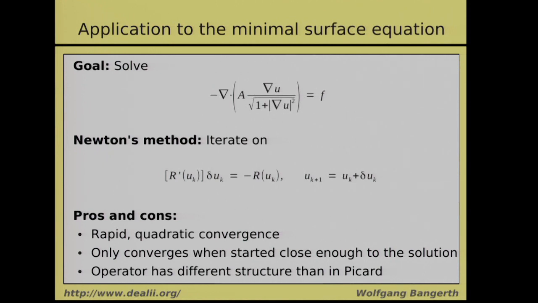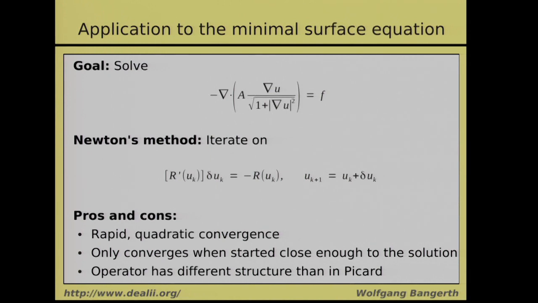The problem is that it converges only if you start close enough to the solution. Newton's method can be shown to be a contraction under the assumption that you start close enough to the solution. And of course, we don't know the solution, so starting close enough is sort of a conundrum. We don't know whether a point where we want to start is in fact close enough to the solution.